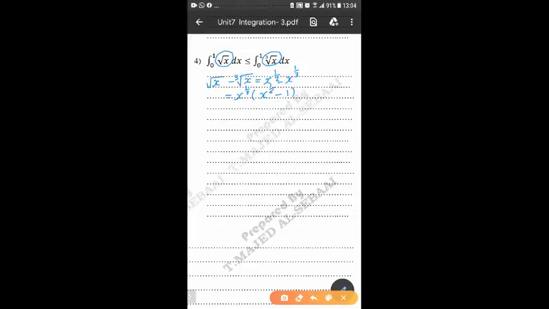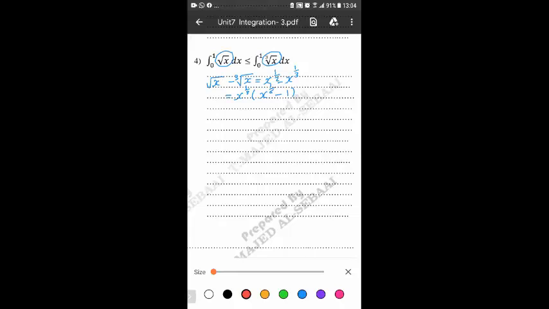Now I will study two functions. The first function, I will study this, x to the power of 1/3, which is the cube root, and I will study x to the power of 1/6 minus 1 separately. I will say x is less than or equal to 1, more than or equal to 0.